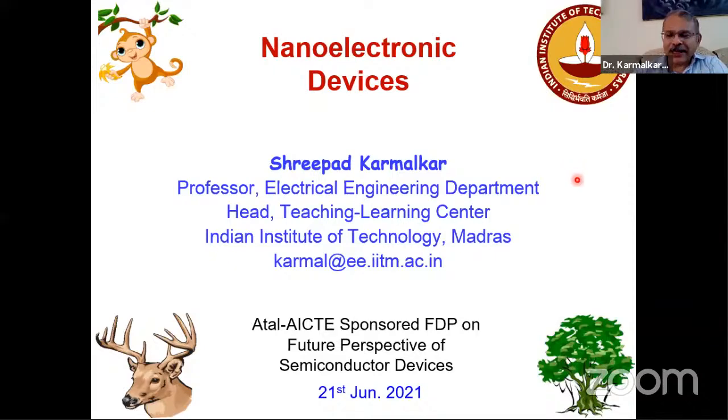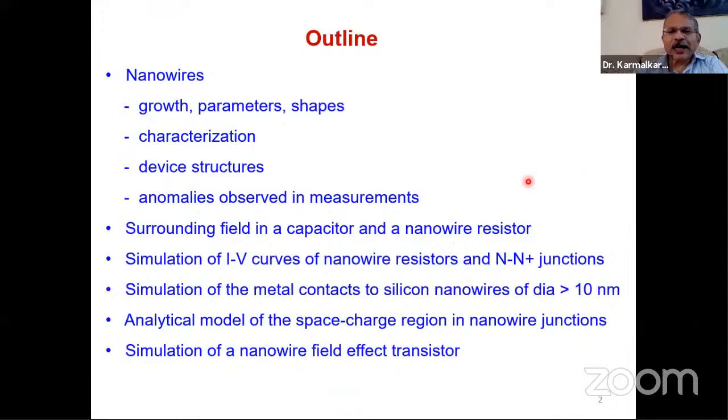Okay, now with that invitation, let me proceed further. Here is the outline of the topics that I can cover, though I will not be able to cover all of them because it depends on the duration of the talk. First we'll talk about nanowires, how they are grown and what their parameters and shapes are. Then we see how the characterization is done, and how devices can be made using nanowires.